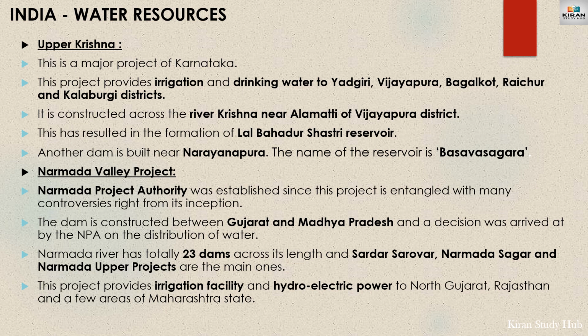Currently, under this project, 23 dams have been constructed, such as Sardar Sarovar, Narmada Sagar and Narmada Upper projects. This project provides irrigation facility and hydroelectric power to North Gujarat, Rajasthan and some areas of Maharashtra.